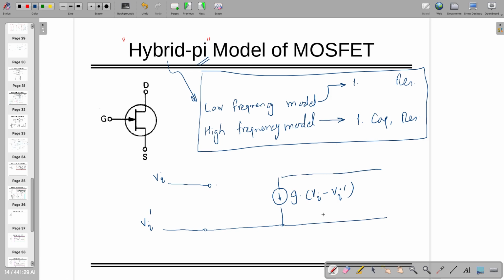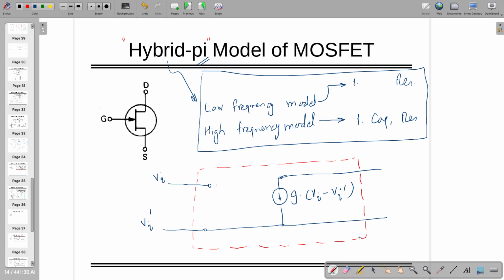This has only resistance, and something is open. How this has been derived is part of a different course, the analog course, so we are not going into that, but it will be the equivalent of this one at low frequency.